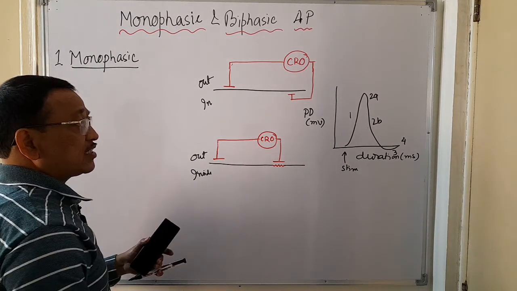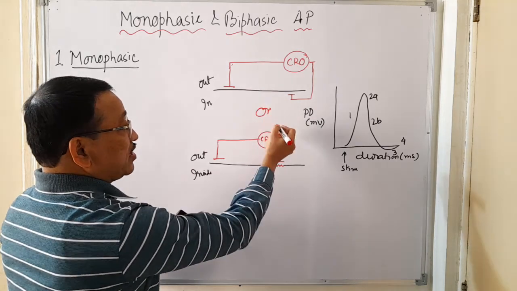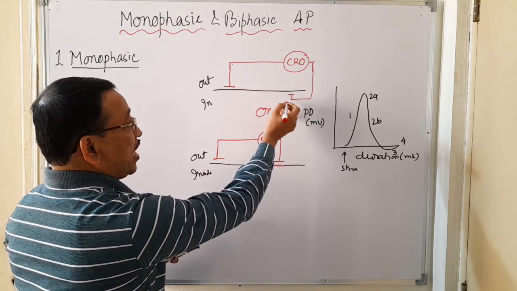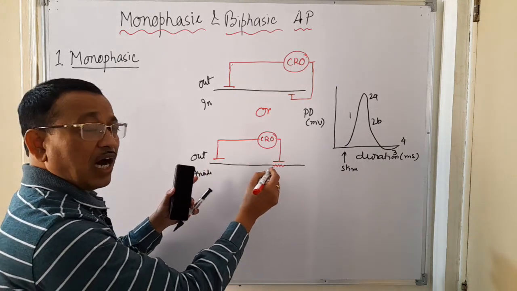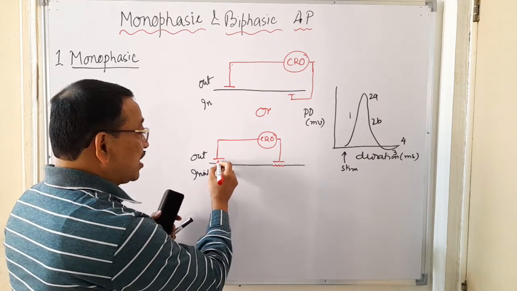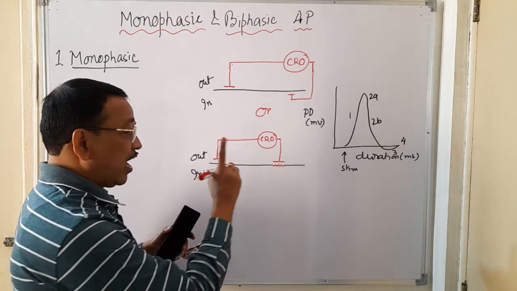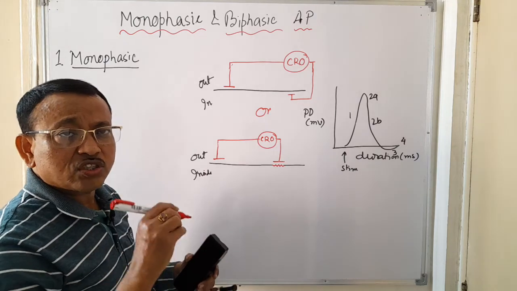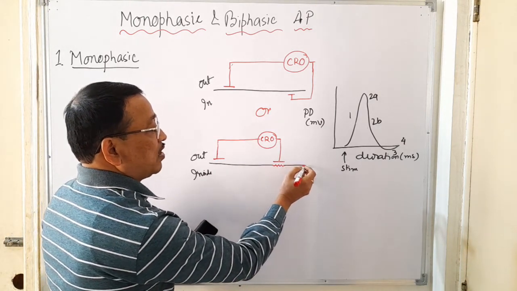So this is an OR. Unlike the previous one, where there were two electrodes, one outside and another inside, here both the electrodes are placed on the outside of the membrane. One is at the healthy, normal side of the cell membrane, and another is at the damaged side, or the injured side, or the sectioned side of the cell membrane.